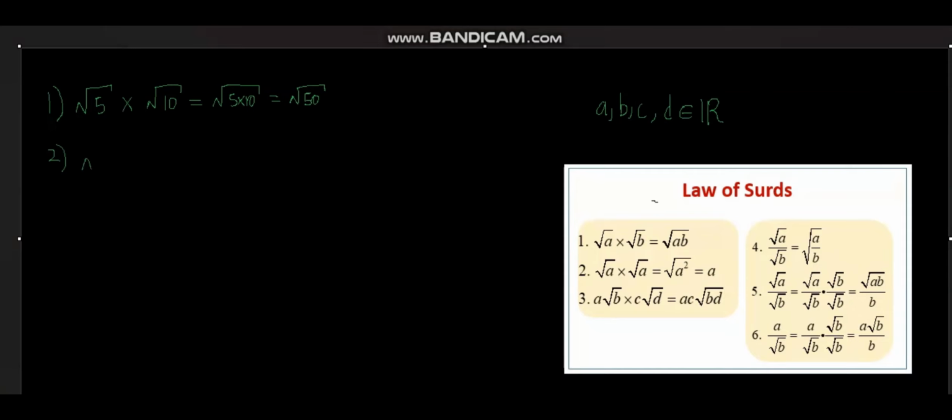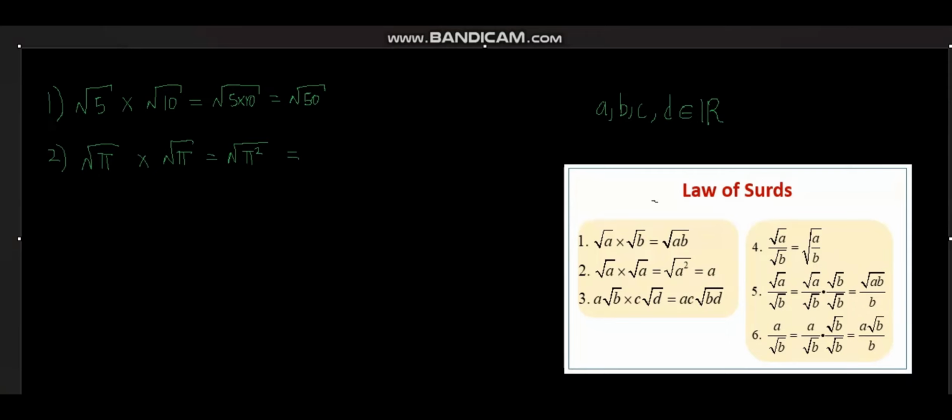So root pi is a real number. Root pi by root pi is equal to the square root of pi squared.